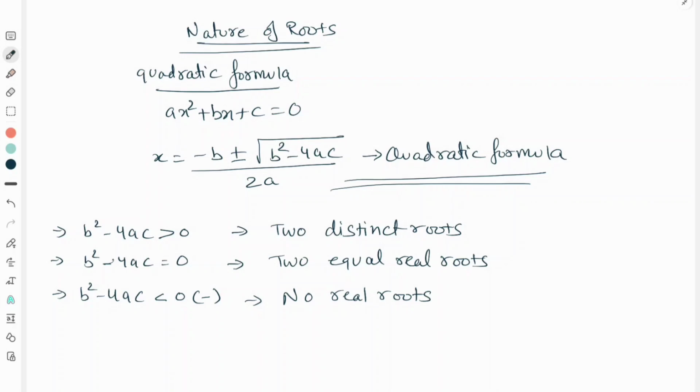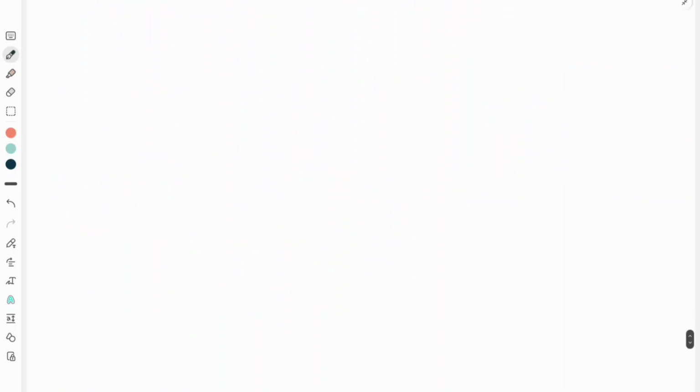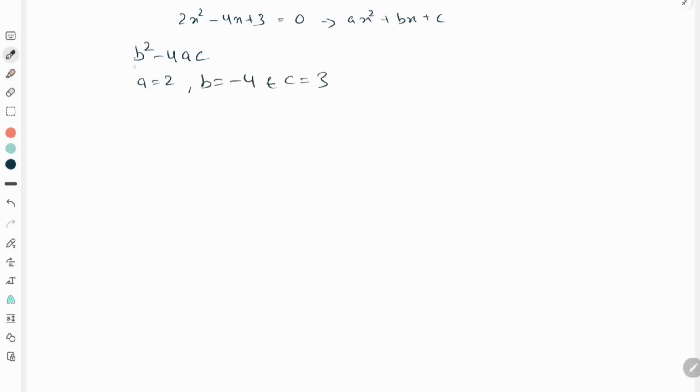So let's see a few examples. Suppose we have a quadratic equation in the form of 2x square minus 4x plus 3 equal to 0, and to find out the nature of the roots we will find out b square minus 4ac. If we compare it with the general form ax square plus bx plus c, we can write a as 2, b as minus 4 and c as 3.